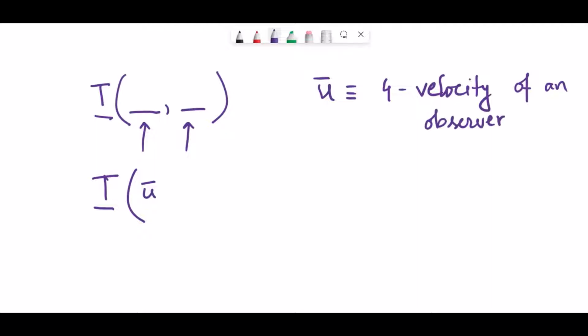Right? So I can plug it in the first slot, or I can plug it in the second slot, and it doesn't matter. And it doesn't matter because the stress tensor, or stress-energy-momentum tensor, or SEM tensor, is symmetric in both of its indices. So it doesn't matter at which slot I plug in the four-velocity of the observer.